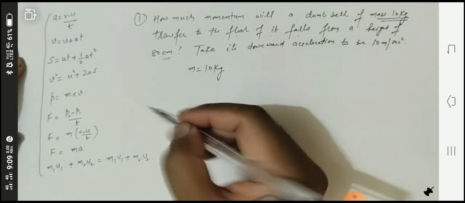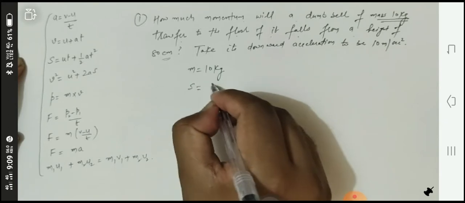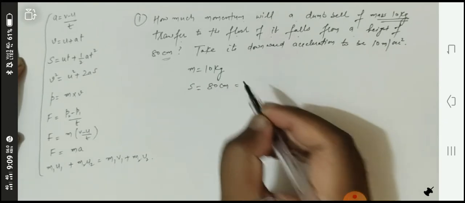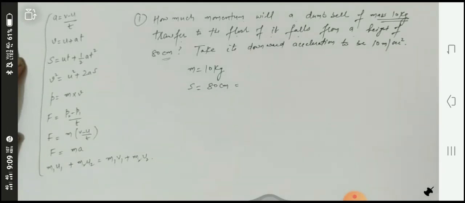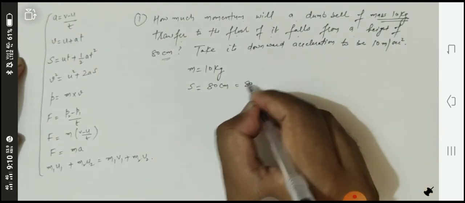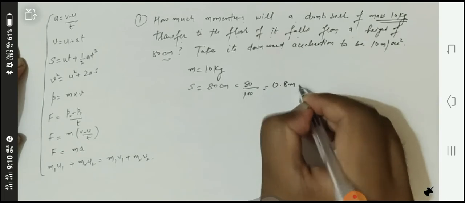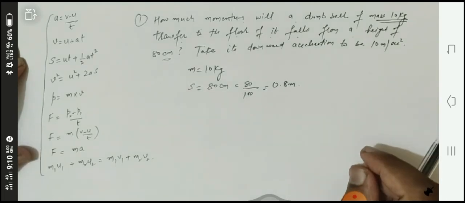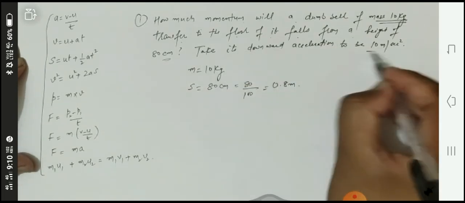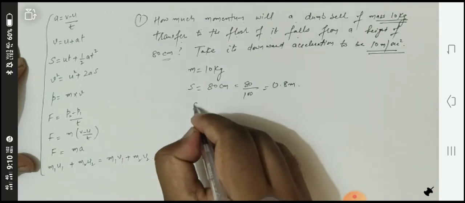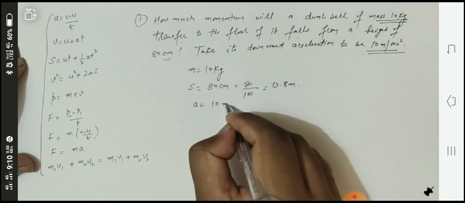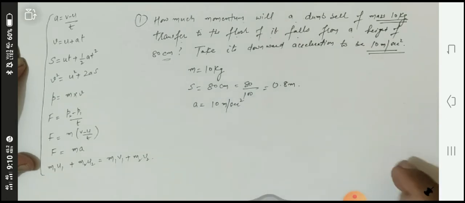Height means its displacement, that is s = 80 centimeter. We need to convert it into SI units. So 80 upon 100, it becomes 0.8 meters. And its downward acceleration is 10 meter per second square.